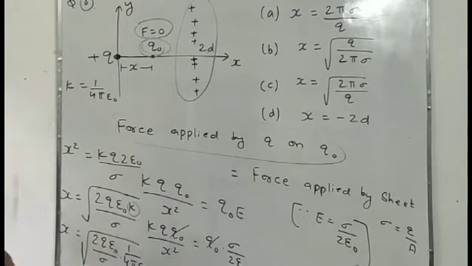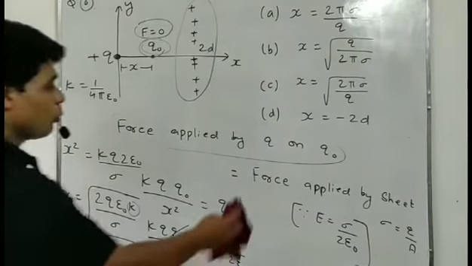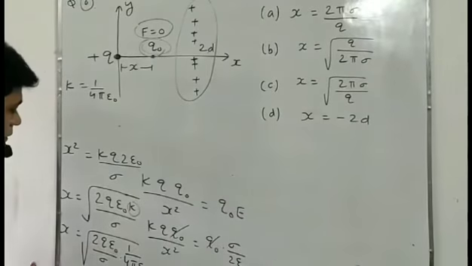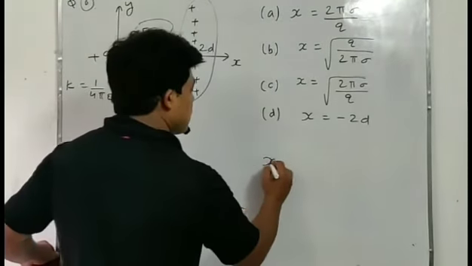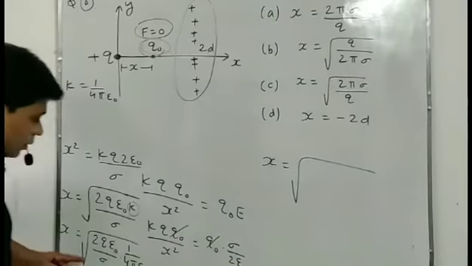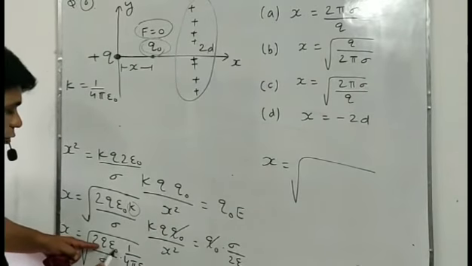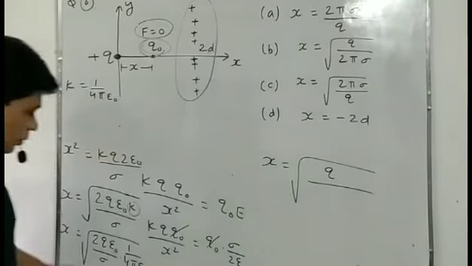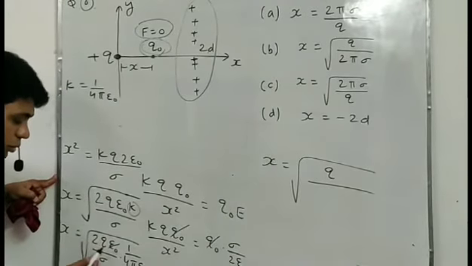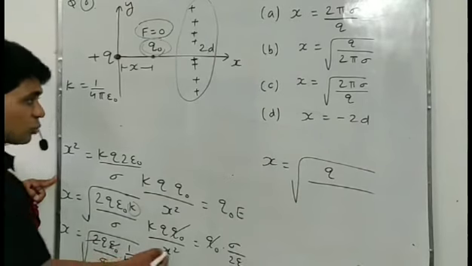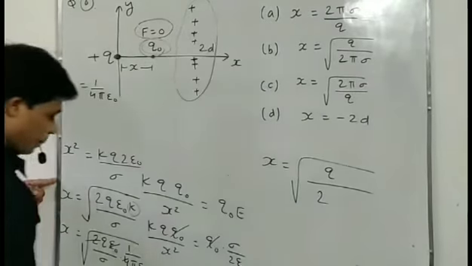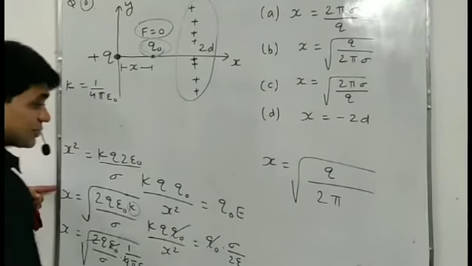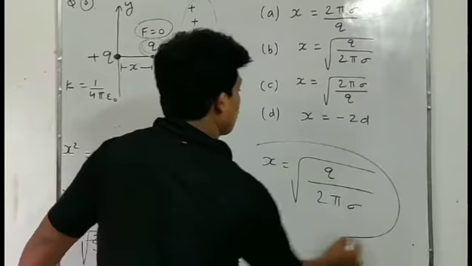Finally we get x equals, q, epsilon cancels out so only q remains. 4 and 2 cancel, leaving 2, this is pi, and that's sigma. So which one is the correct option?